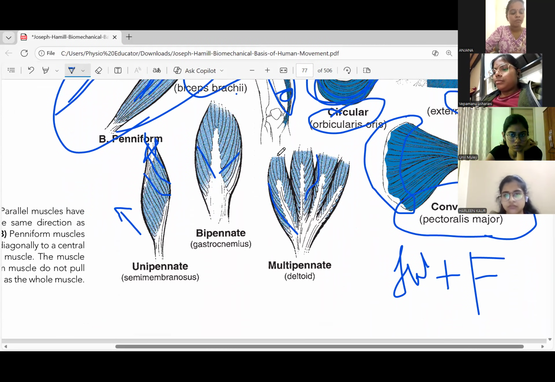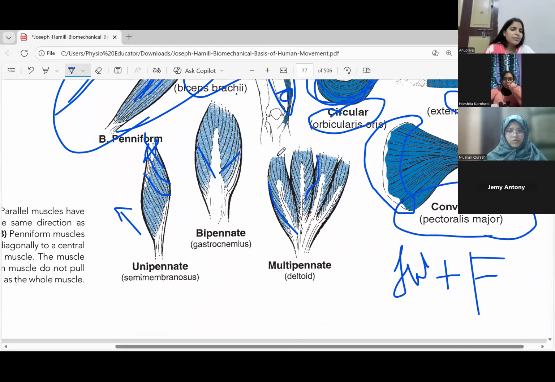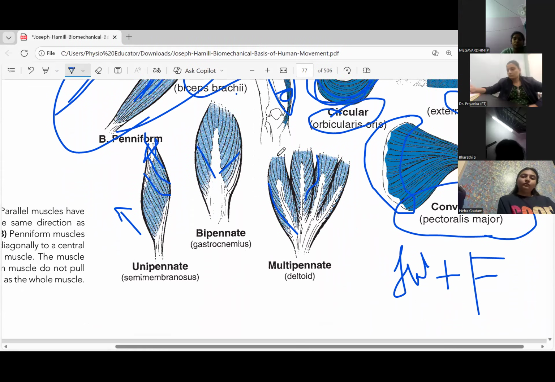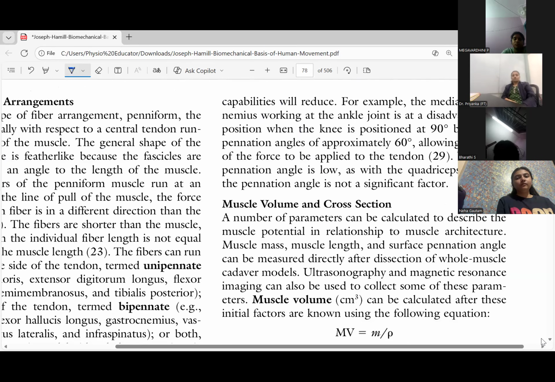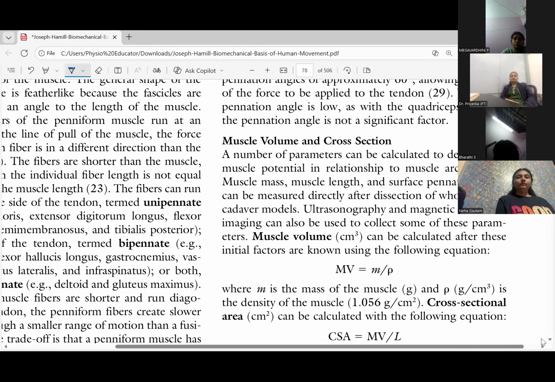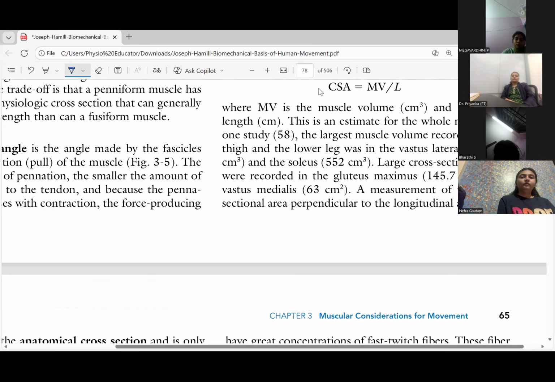Okay. So if any muscle has fibers running in a diagonal nature, that is called penniform muscle. It has 3 variations. Unipennate means one direction. Bipennate means 2 directions. Multipennate means multiple directions. So this is basically the muscle fiber arrangement, like how we had a bone tissue arrangement.